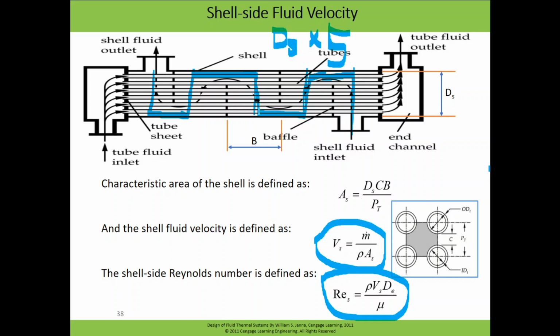But this turning can be less than 5, it can be more than 5. It depends upon the baffles, how many baffles you have. So how many baffles do we have here? This is one baffle, this is the second baffle, this is the third baffle, and this is the fourth baffle. So the number of flow paths, or the number of turns in the flow path, is one more than the number of baffles. So if your number of baffles is 4, then the Ds must be multiplied by the number of baffles plus 1. Okay, so that will be the length of the flow path.